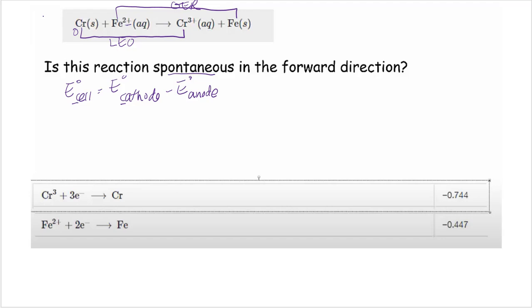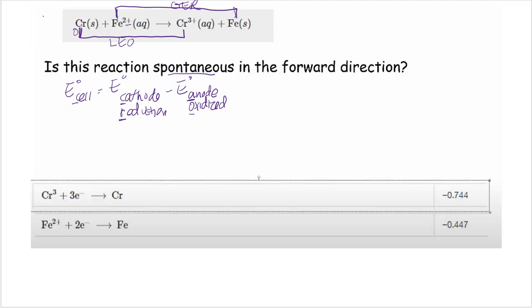My cathode is always what's being reduced, because these are two consonants, C and R, and my anode is what's being oxidized, because they're both vowels. So if I know that my chromium is being oxidized, my iron is being reduced.